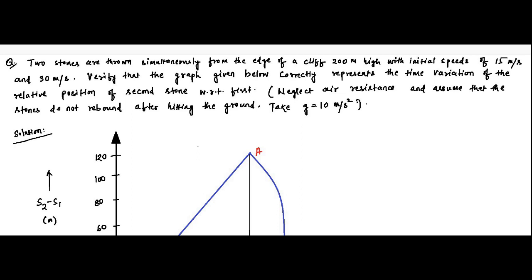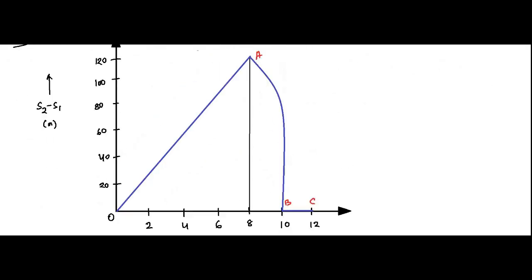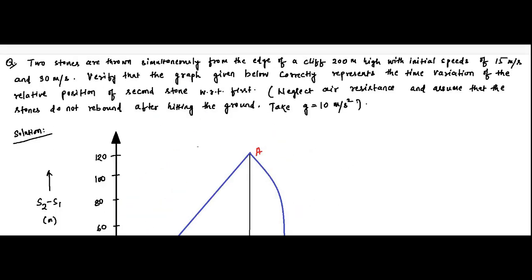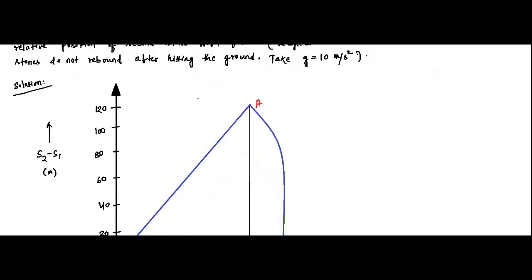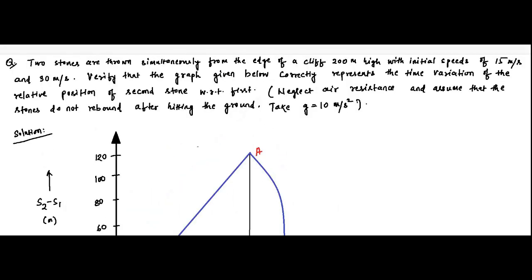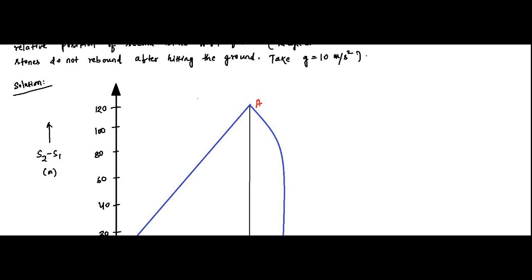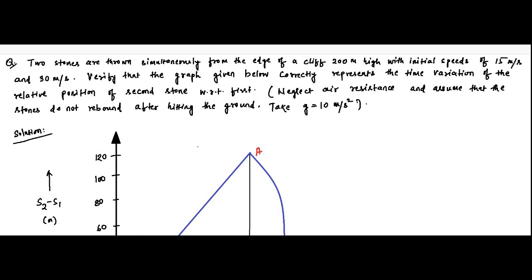We have to verify that this graph correctly represents the time variation of the relative position of the second stone with respect to the first, that is, the height difference. So this graph is accurate or not, that we have to verify.